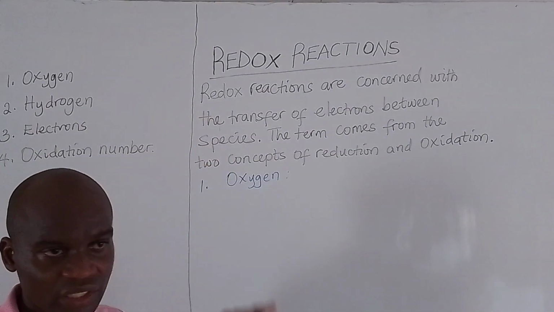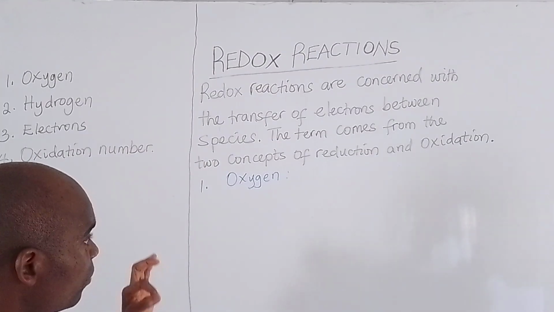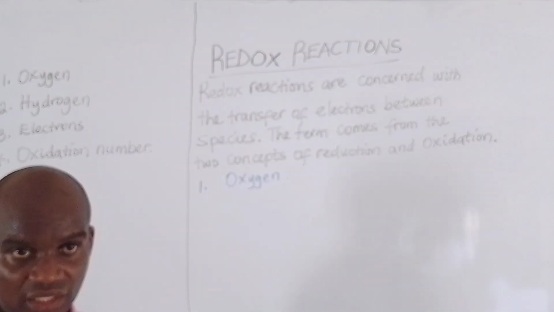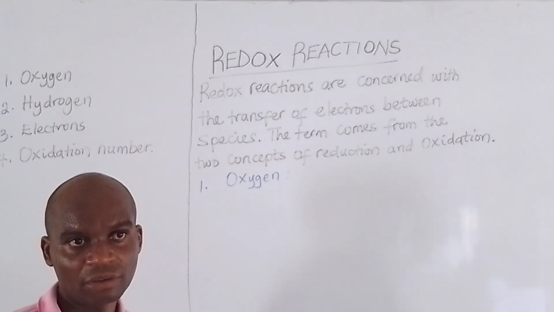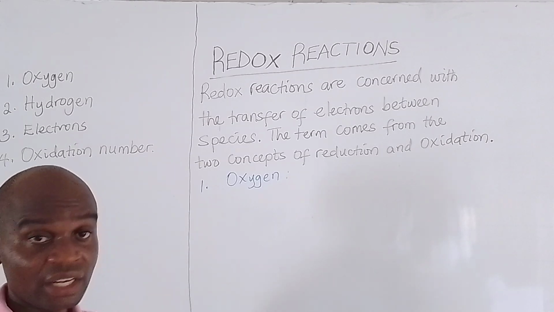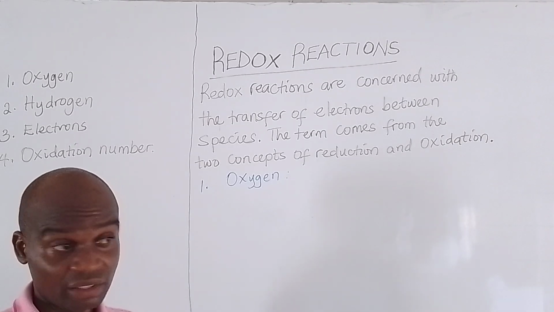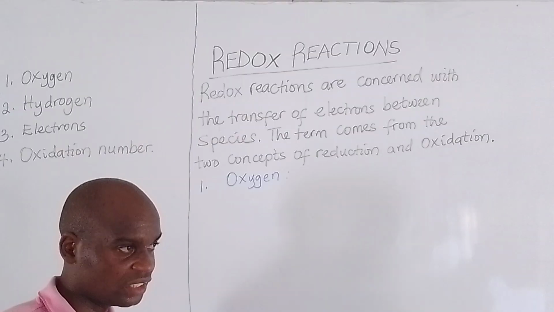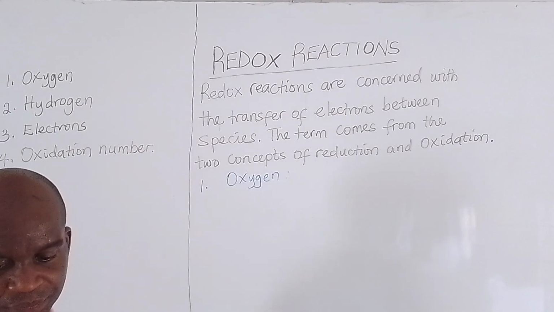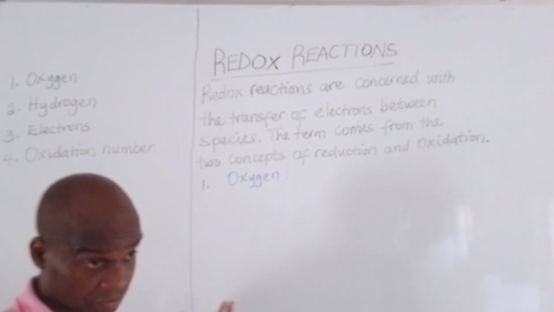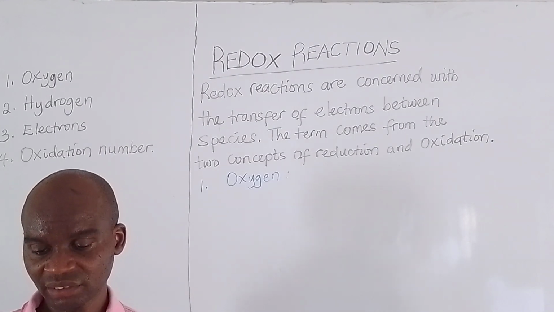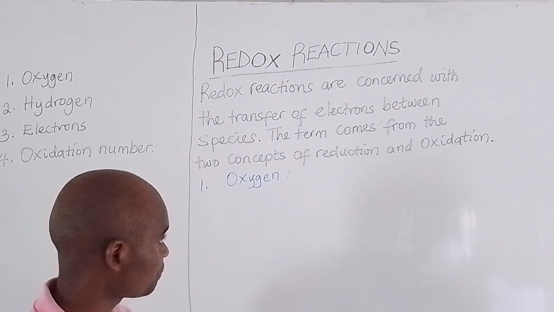So reduction, the other way around, means the removal of oxygen from a substance. And this is to say that whenever oxygen is being removed from a substance, reduction has taken place.